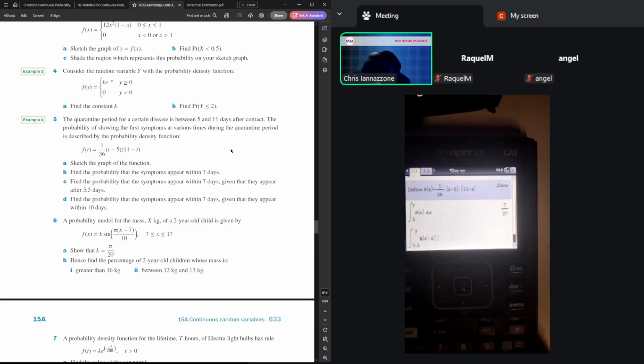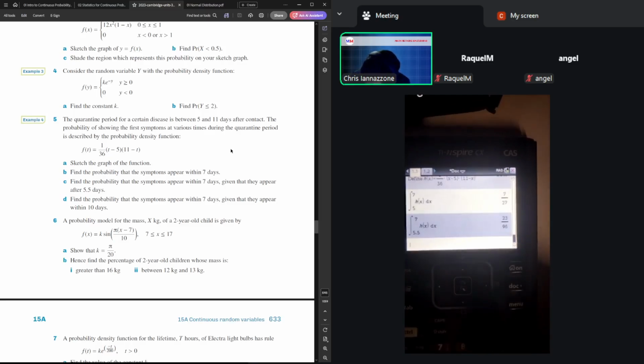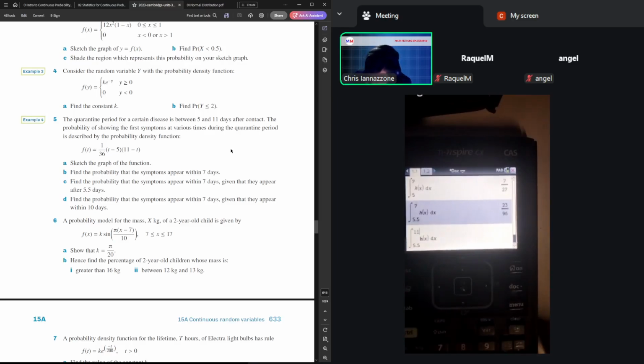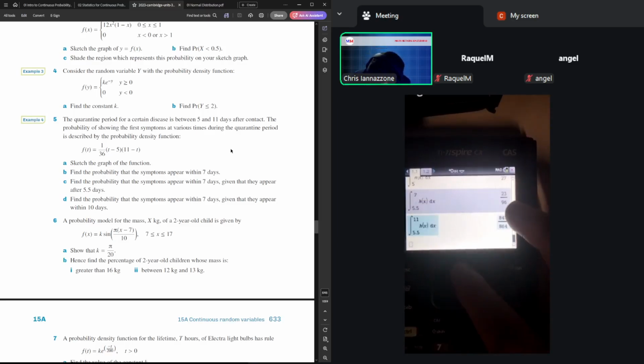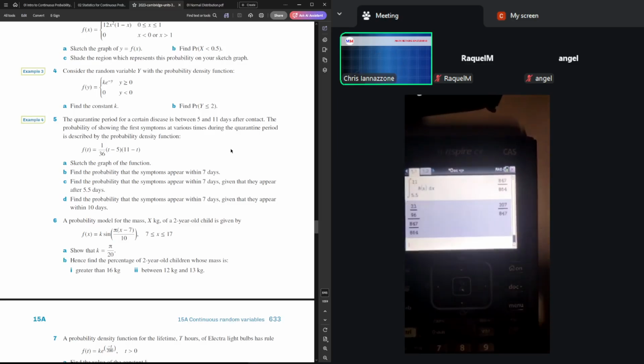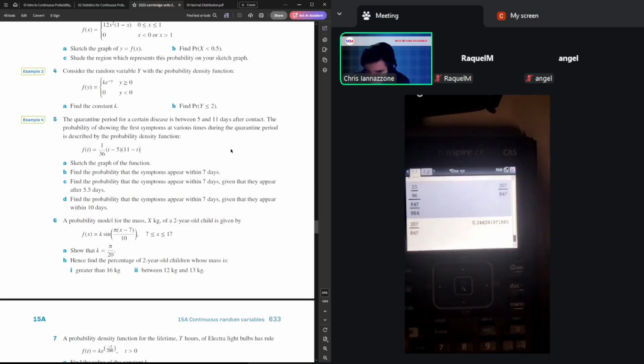That gets us our numerator. The last one was just greater than 5.5, which maxes out at 11 as per the question. This was our numerator, dividing by our denominator, and we'll see that we get a certain probability, roughly 24%.